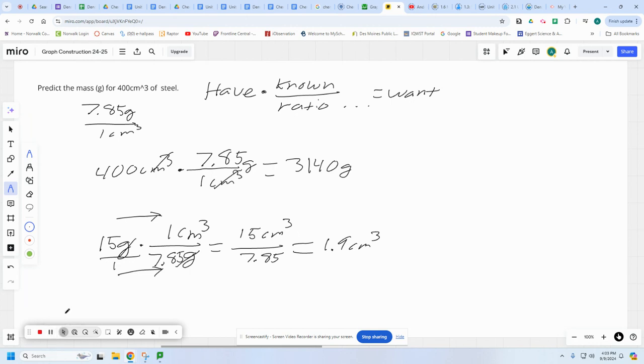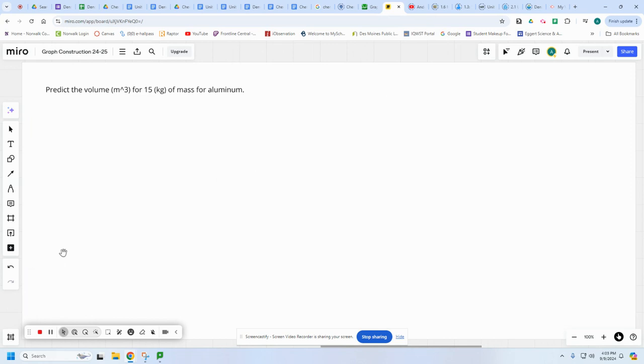Now I'm going to get you guys to do a more complicated multi-step unit multiplier. In this example, we're still going to do something related to density where we're predicting the volume. In this prompt it says predict the volume in meters cubed for 15 kilograms of mass for aluminum. So this one's going to be multi-step.